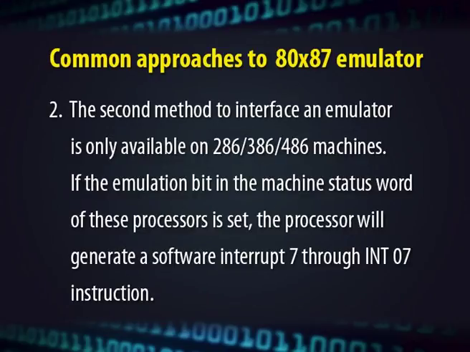The second method to interface an emulator is only available on 286, 386 and 486 machines. If the emulation bit in the machine status word of this processor is set, the processor will generate a software interrupt 7 through the INT 07 instruction.